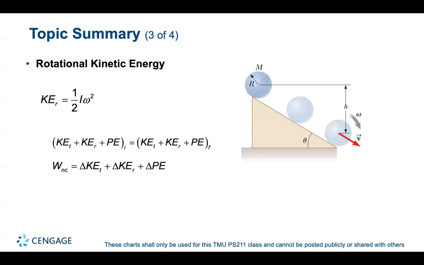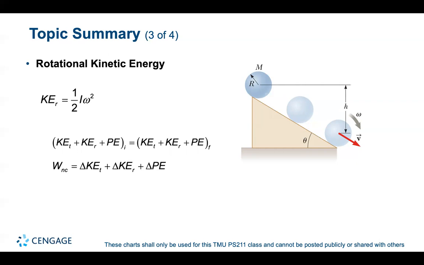Rotational kinetic energy. If a rigid object rotates about a fixed axis with angular speed omega, its rotational kinetic energy is defined as shown, where I is the moment of inertia of the object around the axis of rotation. A system involving rotation is described by three types of energy: potential energy, translational energy, and rotational kinetic energy.